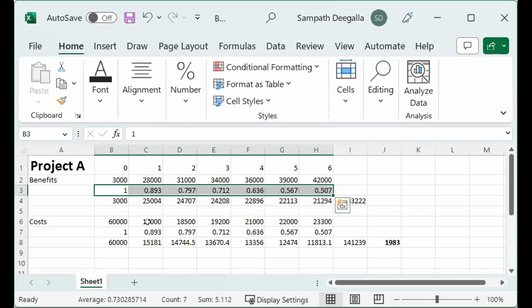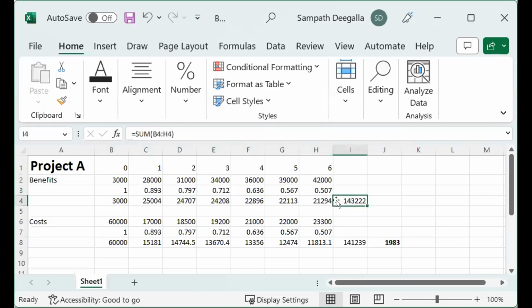And we multiplied everything, we adjusted. So we sum it up, how much benefits we are getting when you evaluate the value for today's net present value. Similarly, we also evaluate the cost to today's value, and it's a positive value.